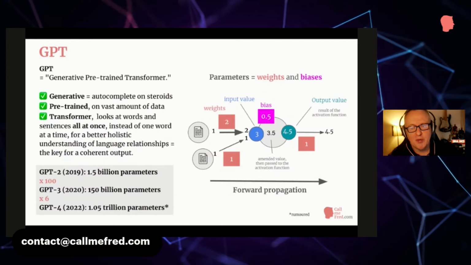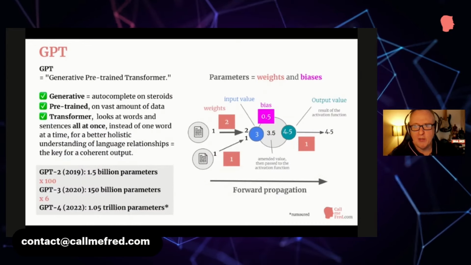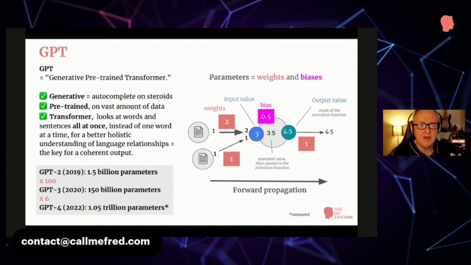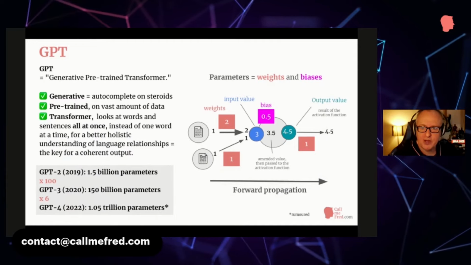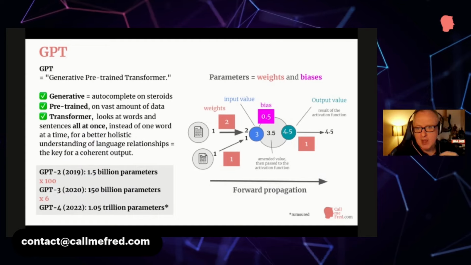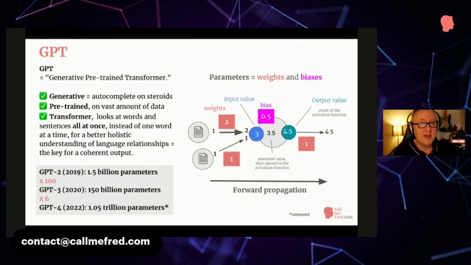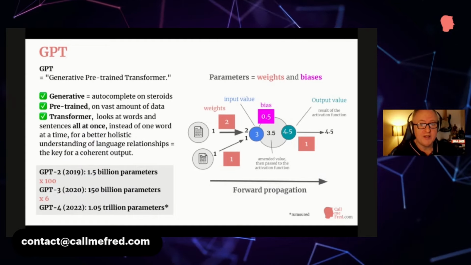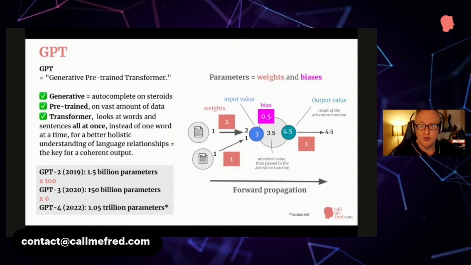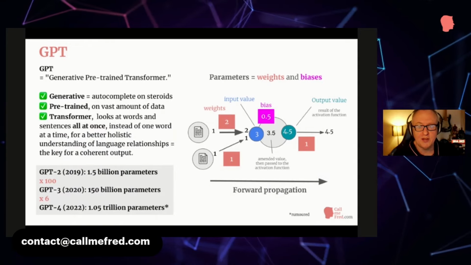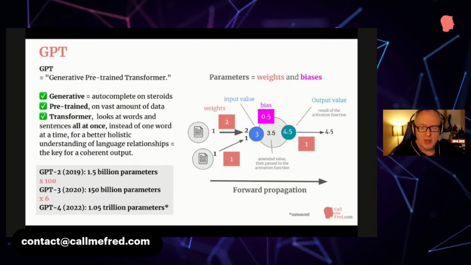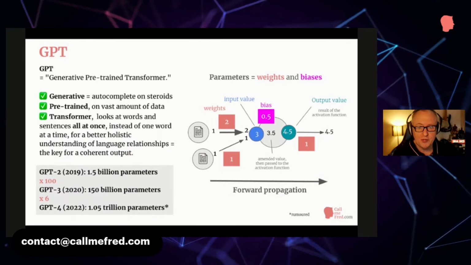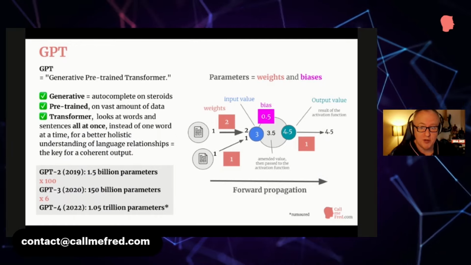The models developed by OpenAI and other AI players are called GPT for Generative Pre-trained Transformers. They are trained on a vast amount of data to generate text in autocomplete mode after instantly understanding the relationships between the elements of the input in order to deliver a coherent output.